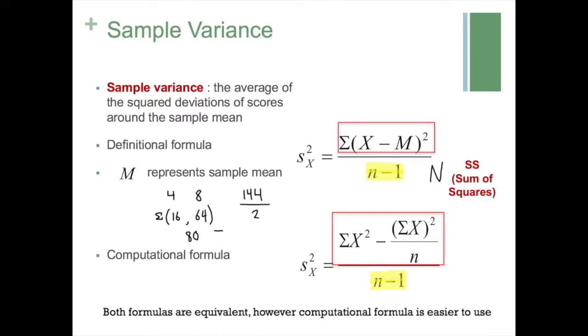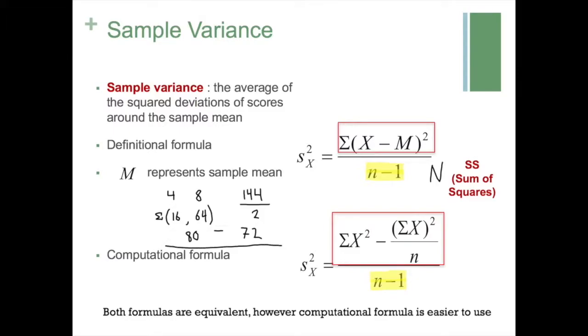So that's going to give us a value of 72. And 80 minus 72 gives us a value of 8, so that's going to be the overall numerator of this equation.